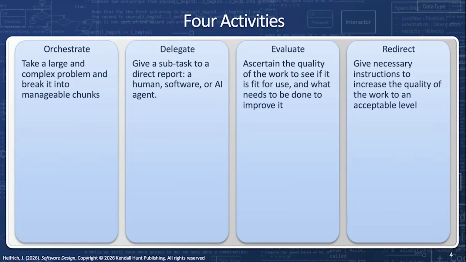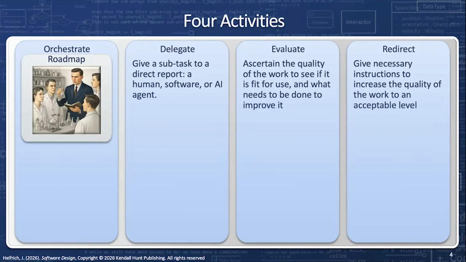So let's talk about orchestrate in a little bit more detail. What does it take to orchestrate a team of individuals? Number one, you need to have a roadmap. You need to know where you're going and the path to get there. Oftentimes, a roadmap is as simple as step A, step B, step C, but most of the time there's uncertainty. You're going to progress a little bit and then you're going to have a fork in the road. Do you choose option A or option B?